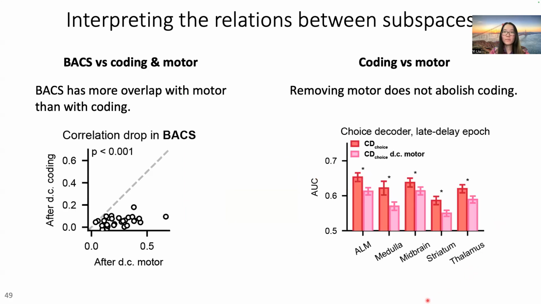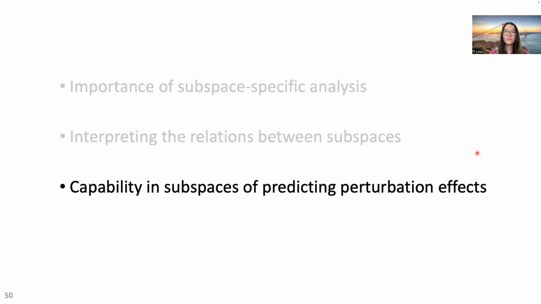To summarize the second part of the talk, we interpreted the relations between subspaces. Specifically, we deepened our understanding about BACS by finding that its correlation is more affected by motor than by coding. And by examining the relation between coding and motor, we found that removing motor does not abolish coding, especially before the go queue, which indicates an internal representation of choice unrelated to movement.